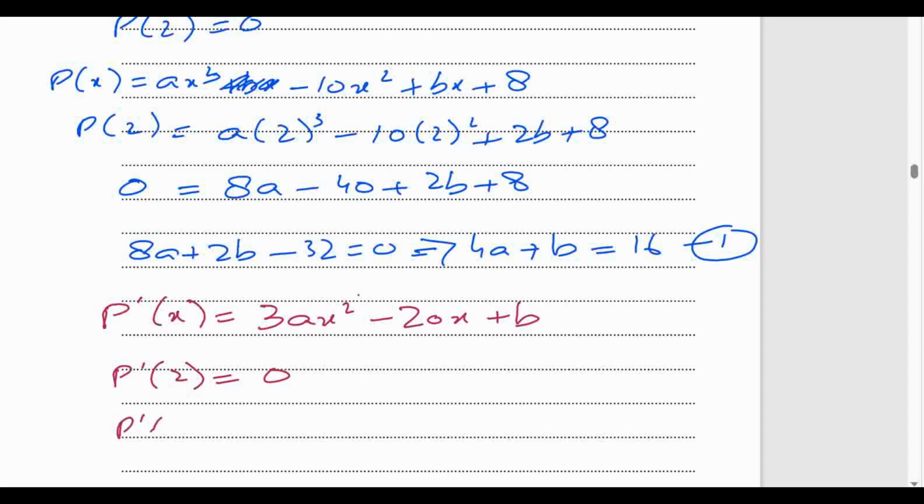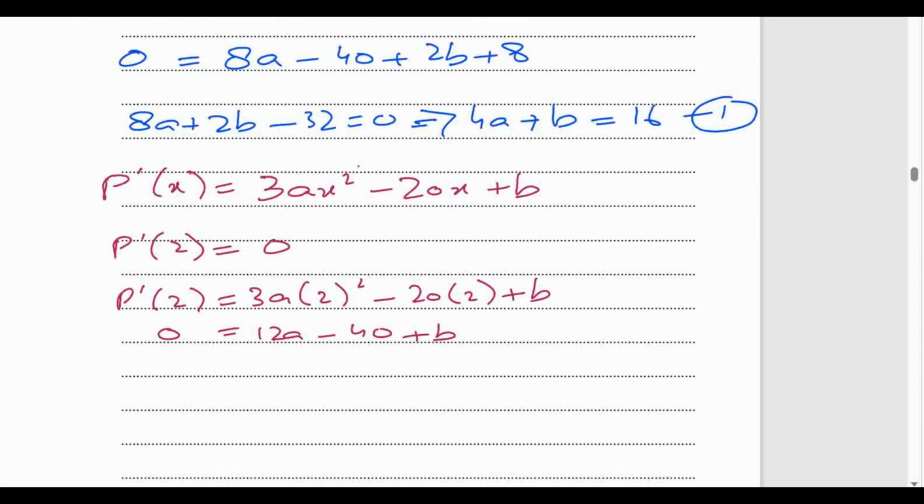So p dash of 2 will be equal to 3a into 2 square minus 20 into 2 plus b. So 0 is equal to 4 3 12, so 12a minus 40 plus b, and this will be 12a plus b is equal to 40.